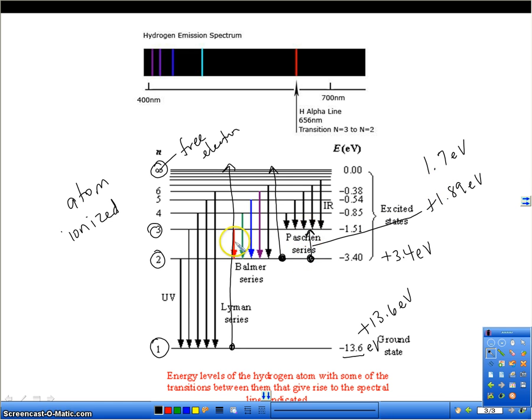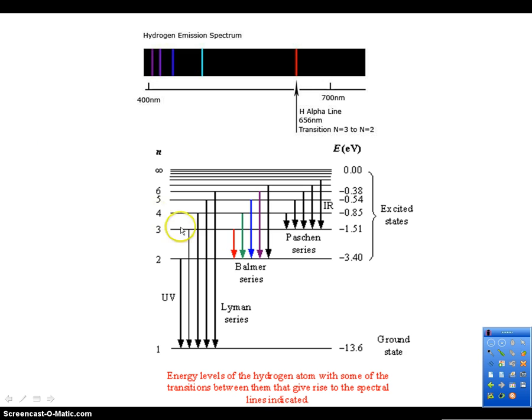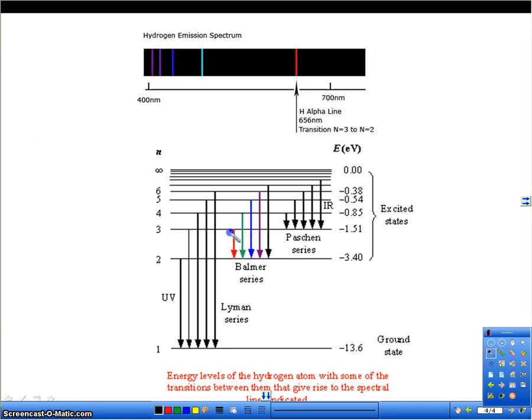The same thing is true when it jumps back down. When it jumps back down, it's going to give off the exact amount of energy that is the difference between the levels. For example, when this electron jumps from the 3 to the 2 level, the energy difference, what did we say, 1.89? So it's going to give off a photon that has an energy of 1.89 electron volts.